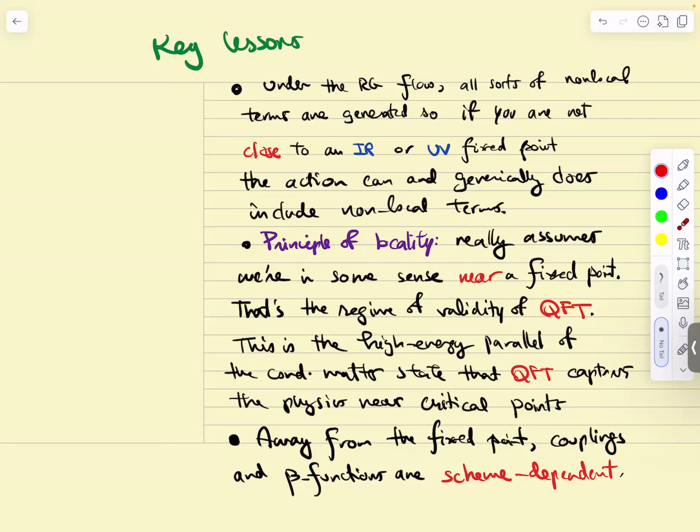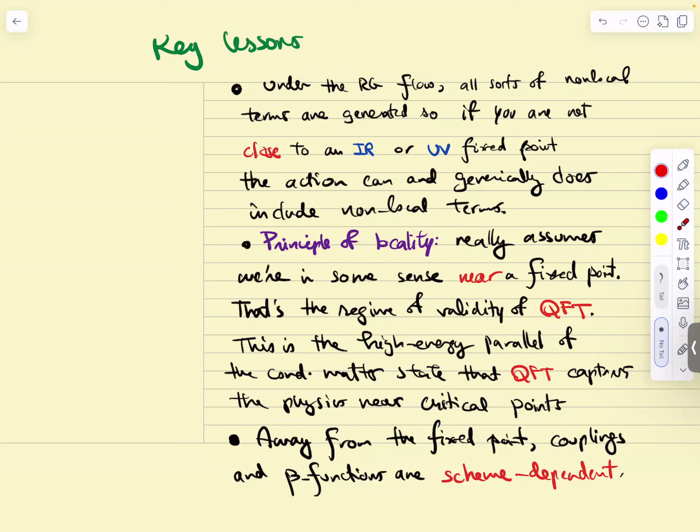So it reminds you that even though in high energy physics we are so accustomed to thinking in terms of locality and continuum theories, you should be careful with this. Those principles of Landau all assume that you're near a fixed point.